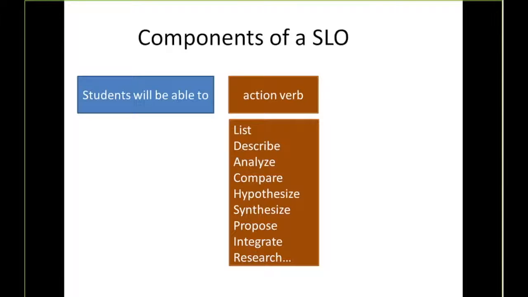So: list, describe, analyze, compare, hypothesize. These are operationalizable. If you ask the students to hypothesize, then you give them a task to see whether they can do so. I have more verbs, and you can access them through this link. And I will make this PowerPoint available to you after the session.